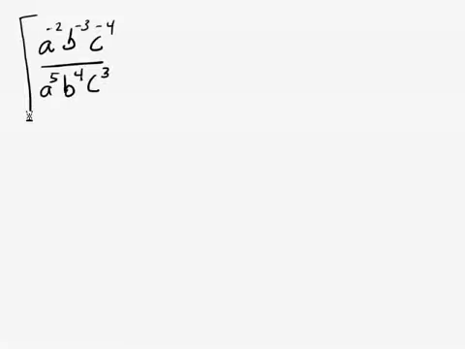And let's see, let's do one more problem. Alright. Let's make this one a little more difficult. What if we had a, b, c over a, b, c, and you had negative 2, negative 3, negative 4, over 5, 4, 3. And we're going to raise the whole thing to the negative 2 power.